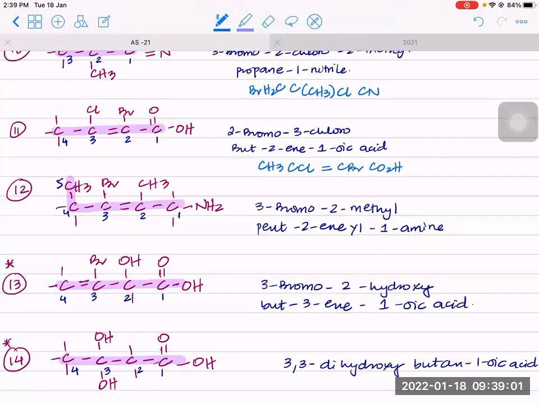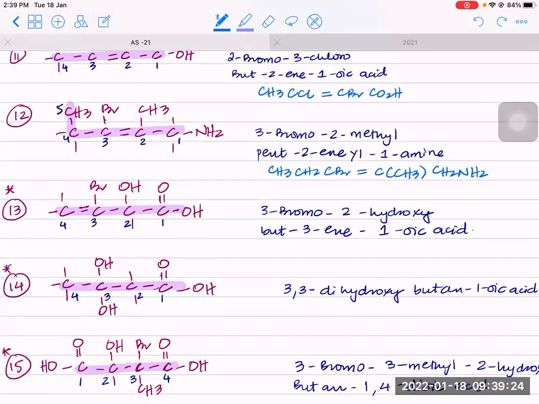Number 12 is CH3, then you have a CH2, then you have a CBr, double bond, C bracket CH3, because this is more than one atom in the middle of the molecule, CH2NH2. The H2 will not go in brackets because it's on the terminal carbon.